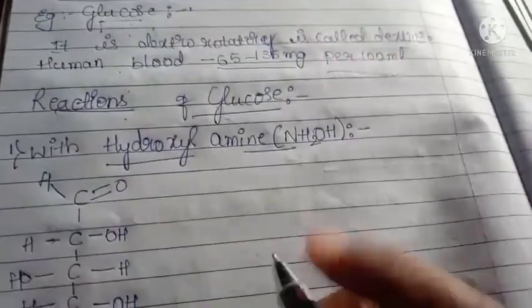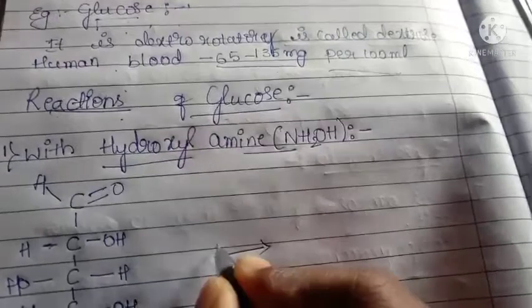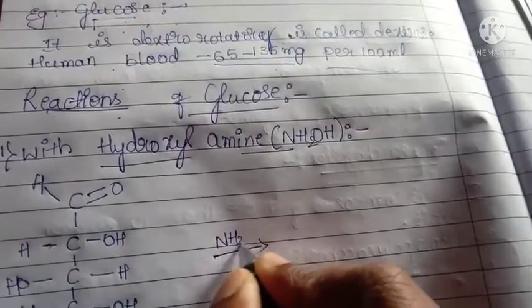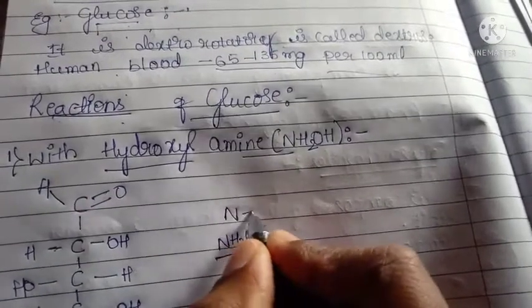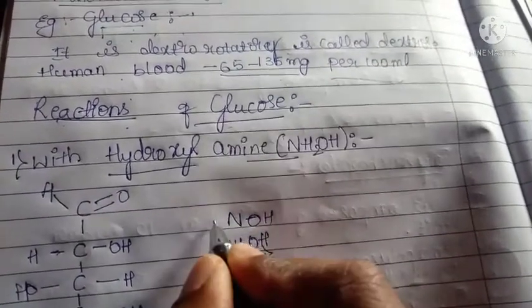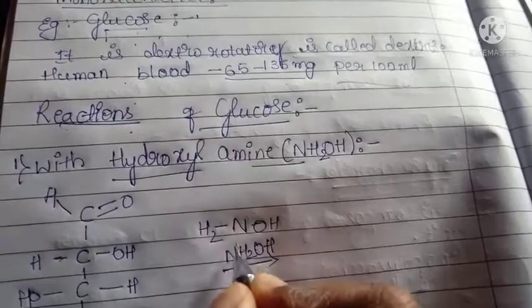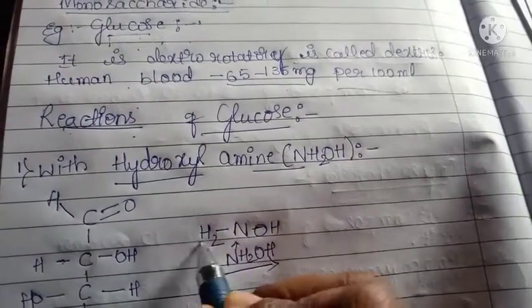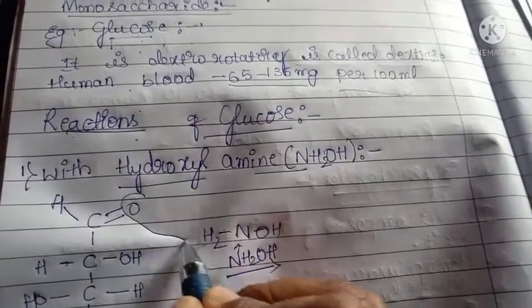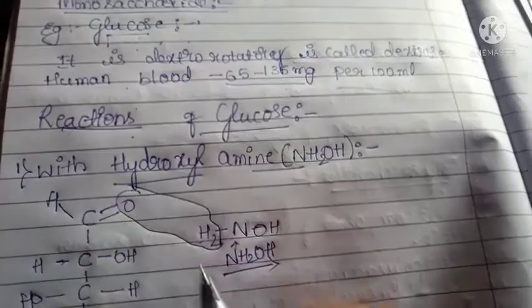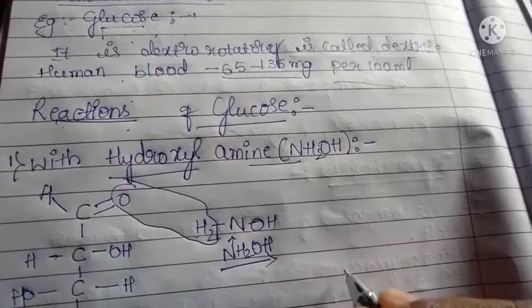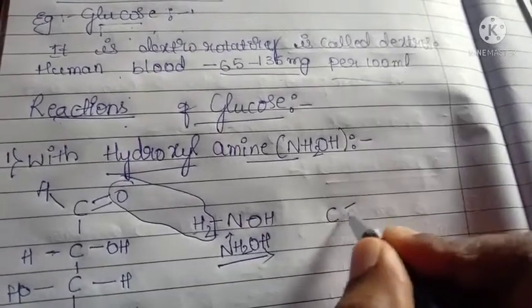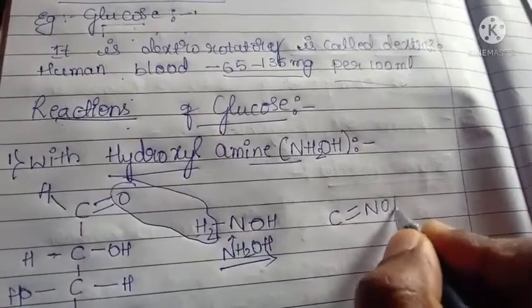Here NH2OH, hydroxylamine, I am splitting this one. The oxygen of the aldehyde and hydrogen should be removed, and then it forms C double bond NOH.